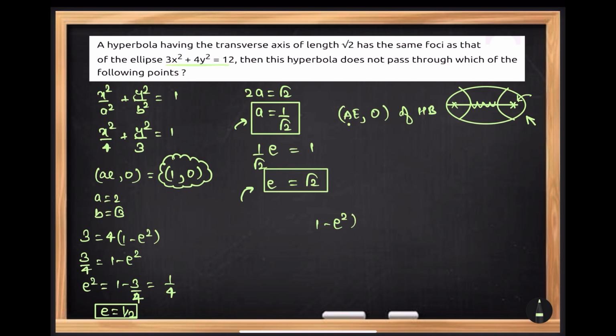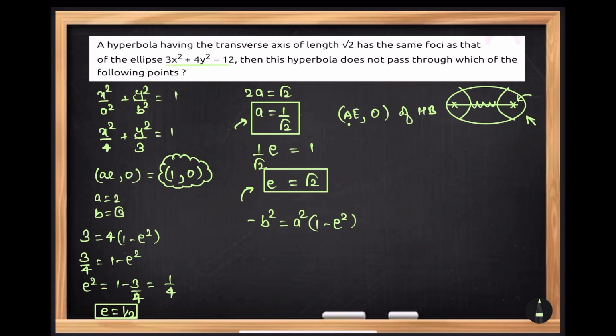Always we will have 1 minus e square, and we have memorized all the results of the horizontal hyperbola from the horizontal ellipse. In a horizontal ellipse, a was bigger, so a will go inside and b will stay outside, but this is the relationship for the ellipse, not the hyperbola. For the hyperbola, we have to replace b square with minus b square, correct?